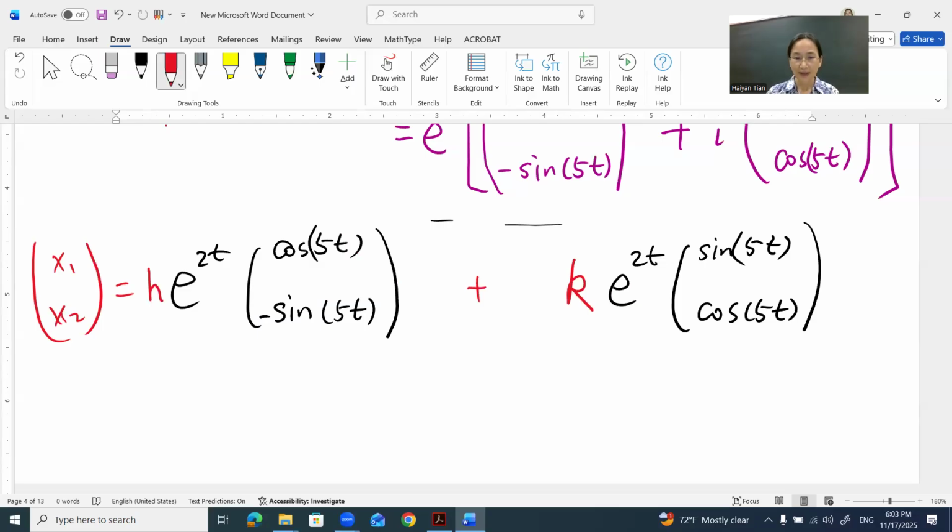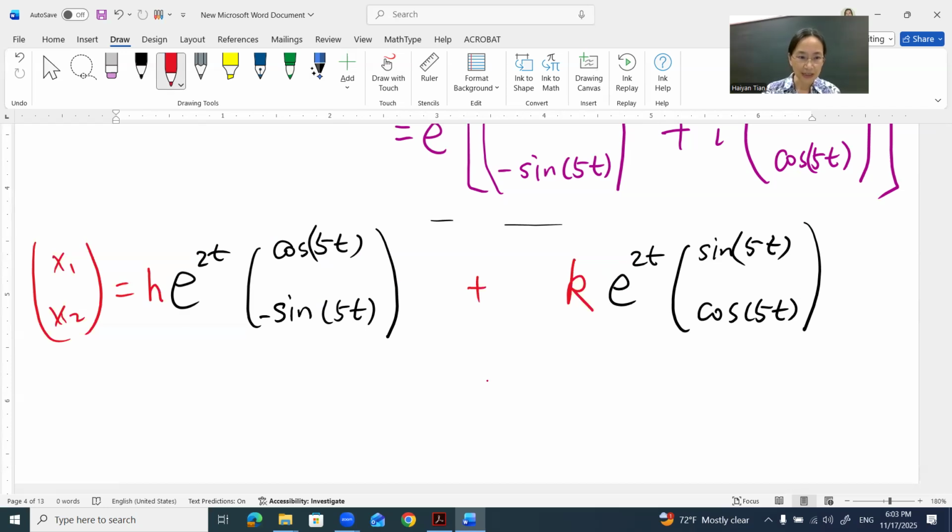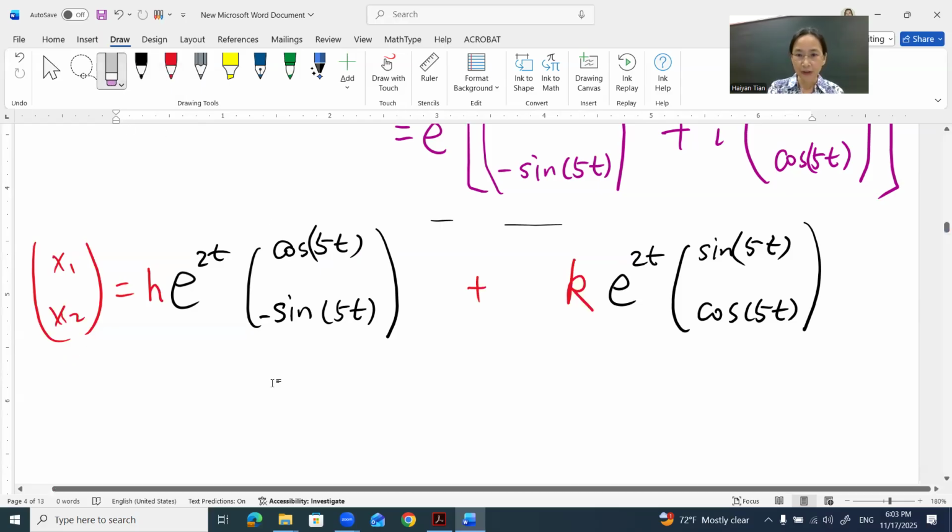So we can give a general solution using real valued functions. So that's our general solution formula for our system.